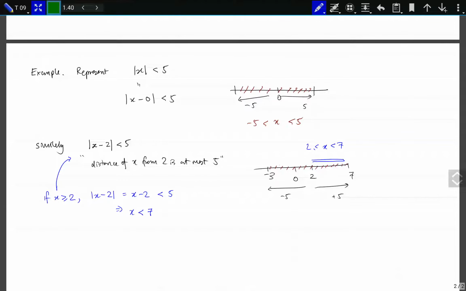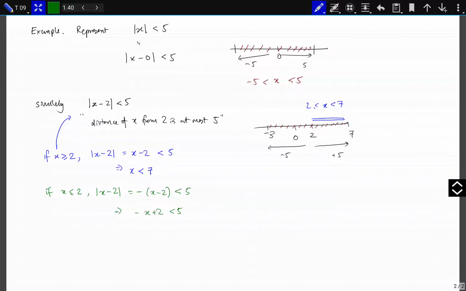And in case 2, if x is less or equal to 2, then the size of x minus 2 is equal to minus (x minus 2), and that still has to be less than 5. And this means that minus x plus 2 is less than 5. And just to get my signs right, that means that x is greater than minus 3.